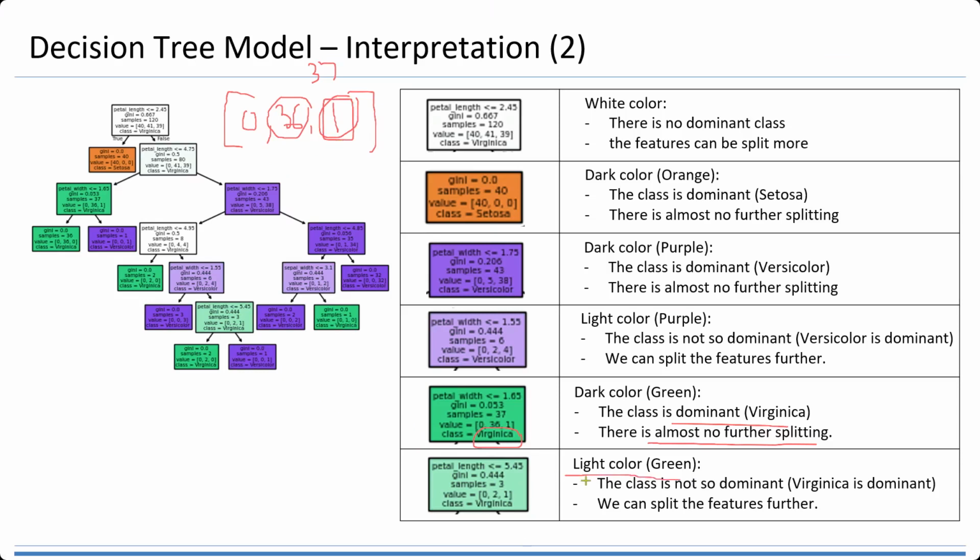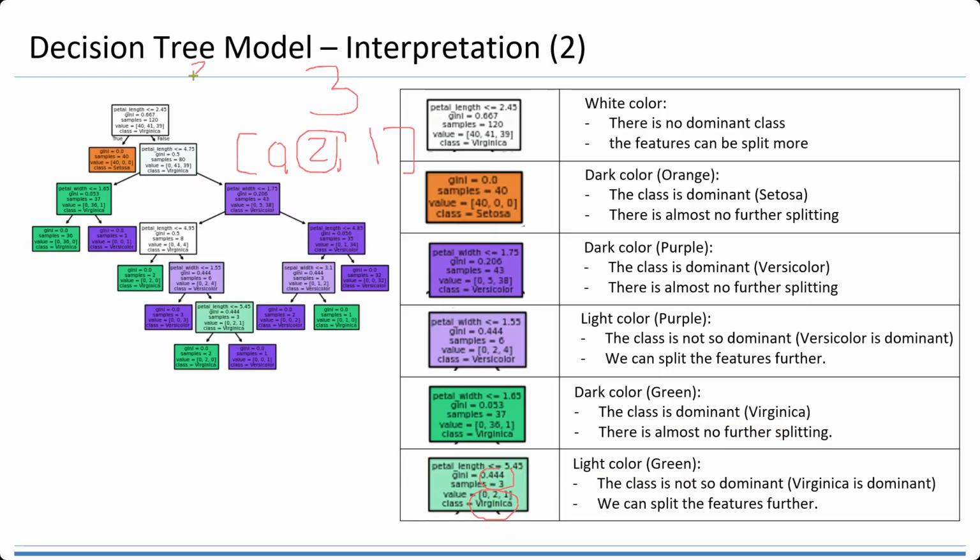And if it is a light color, green, then the class is not so dominant. In this case, we have 3 samples, and the value is 0, 2, and 1. 2 belongs to Virginica.